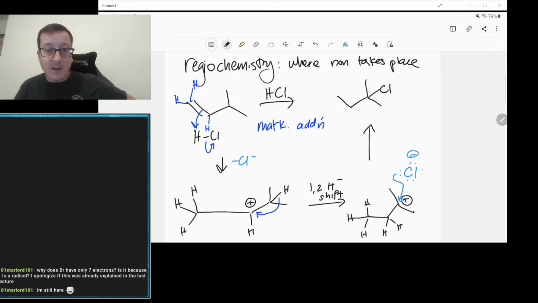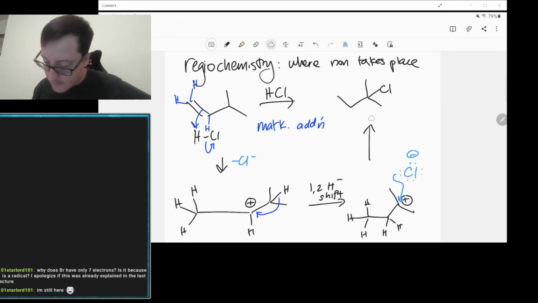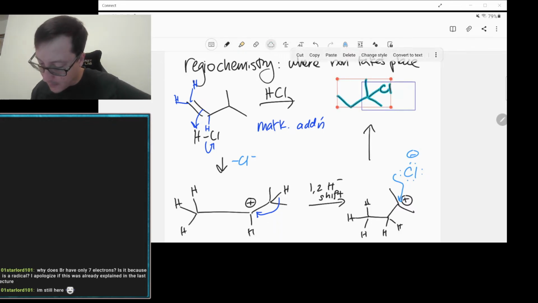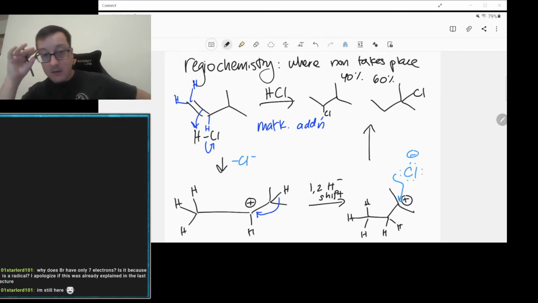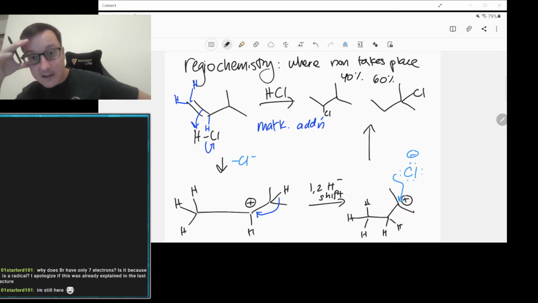So you might be tempted to just throw Markovnikov, I'm going to just put the H on the less substituted side, I'm going to put the chlorine on the more substituted side. Well, maybe not so easy. And apparently, if we were to just do that, this is about 60%. You don't need to know these, but this is just throwing some reality in here.